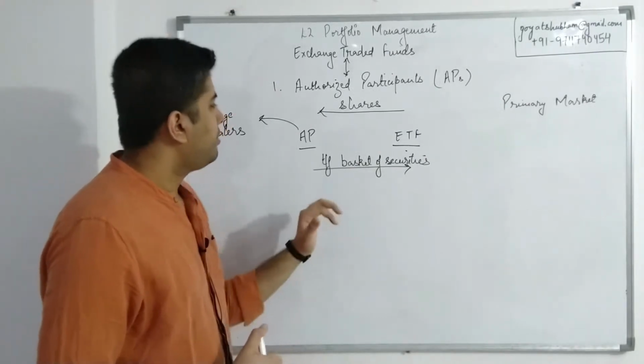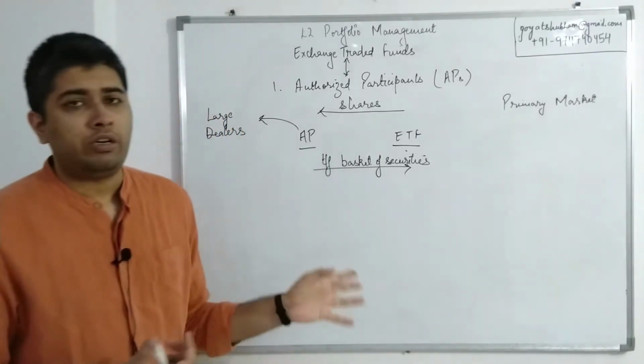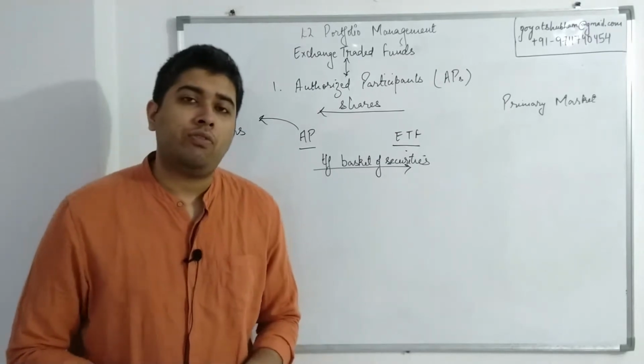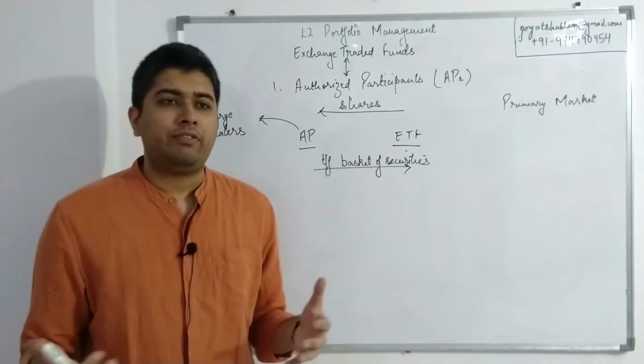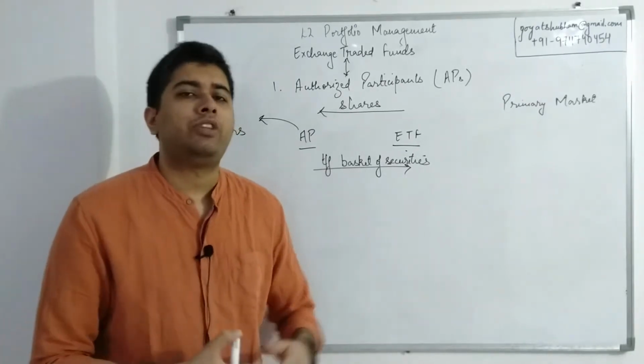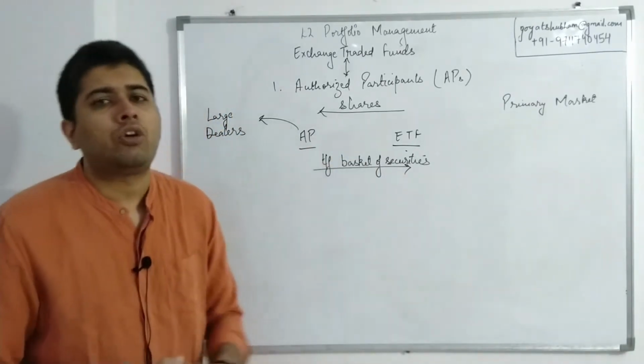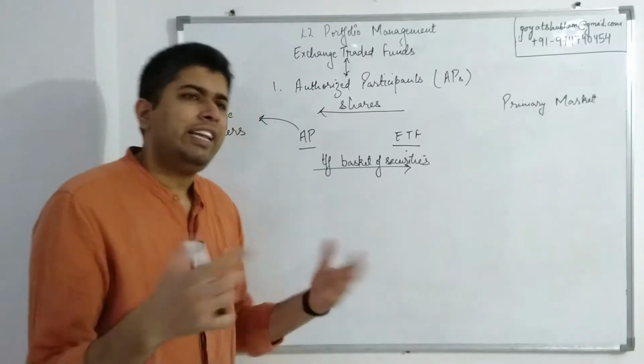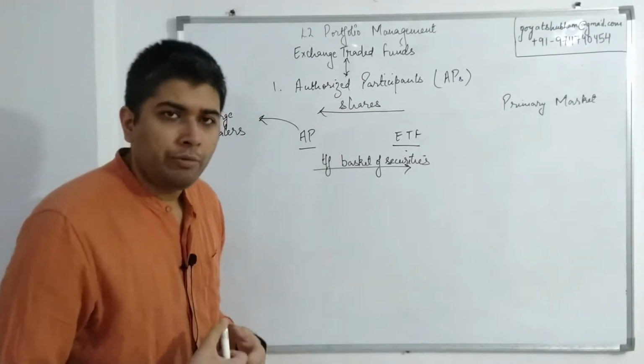Now, AP, because it's a large broker dealer, already has a stock of a lot of securities. They might have some shares of telecom companies, some shares of aviation, some shares in chemicals. So they have a large stock of shares or any securities that they already own.